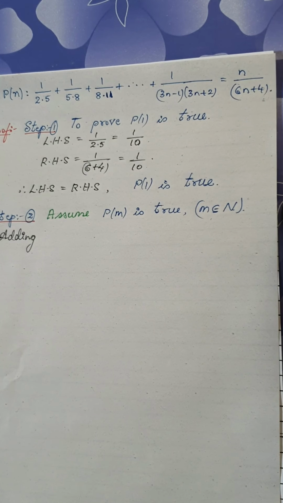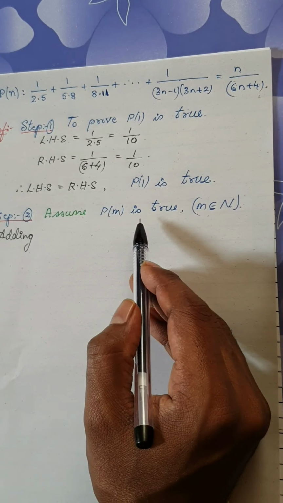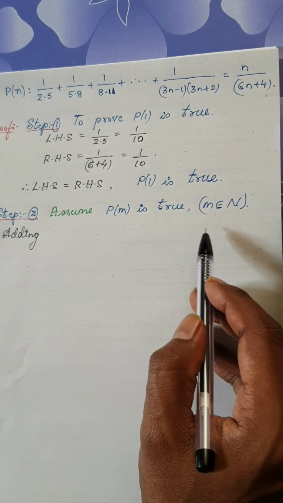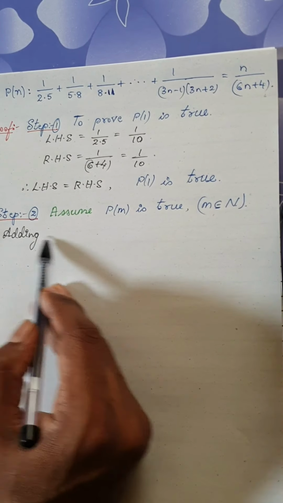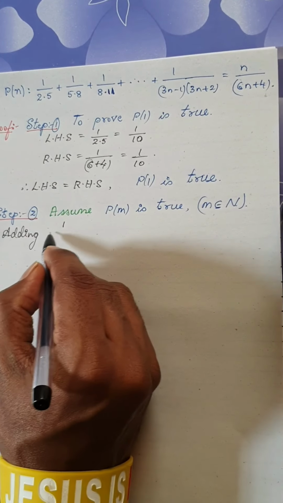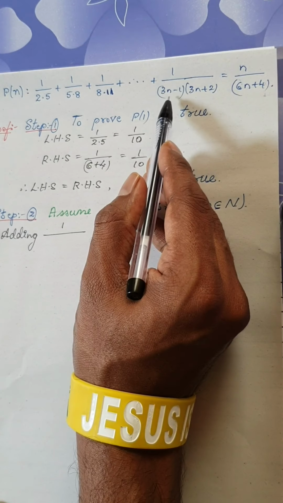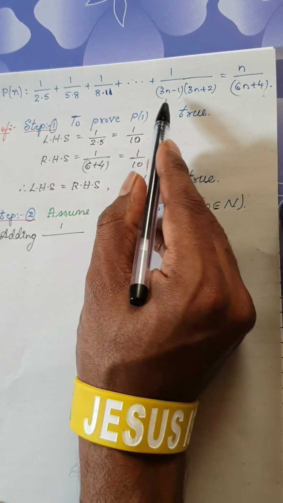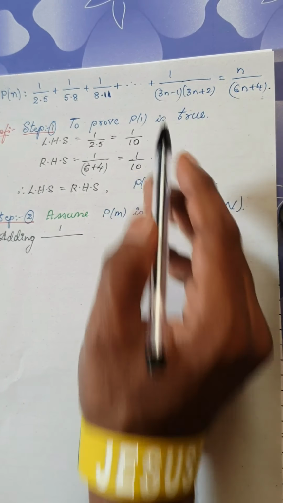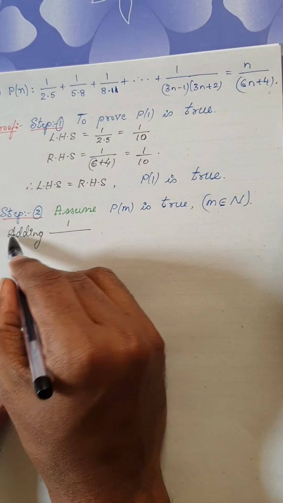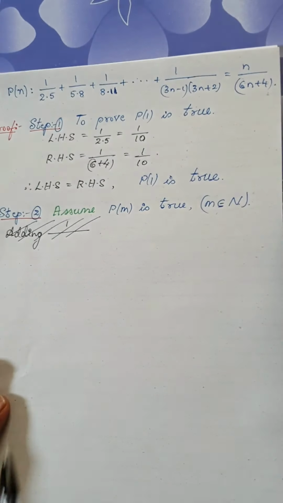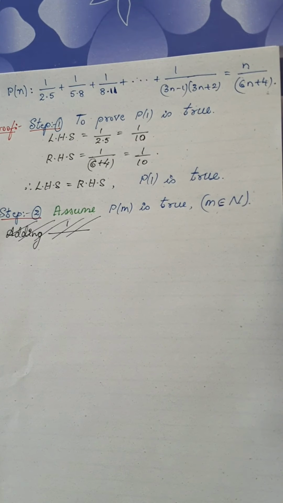We know step 2 is to assume that P of m is true for all m belongs to N. Okay. Now please be careful in this step, because if you know how to add the term, then you only have simplification left over. Let's write down the given statement in terms of m. That is the only process here.